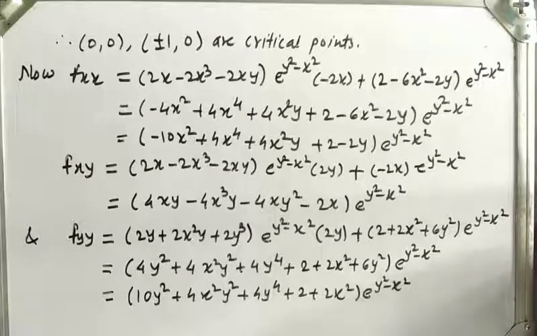Now we will find out this fxx, fyy and fxy at the points where we get three critical points: (0, 0), (1, 0) and (−1, 0). Okay. So let us find out.